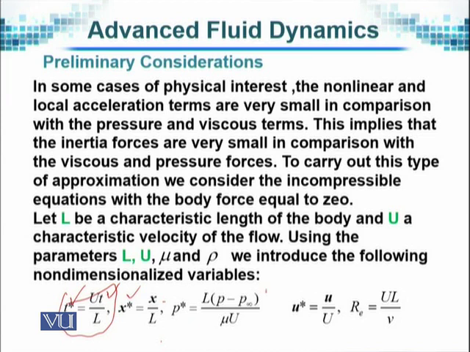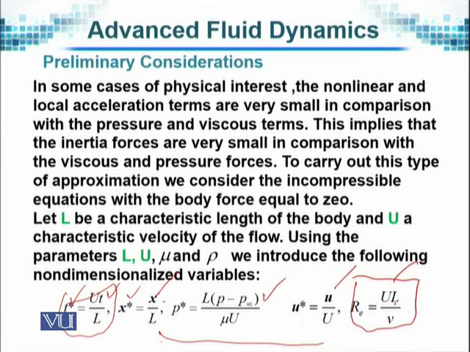And similarly, the pressure forces. All the terms that are shown here with a star are non-dimensional terms, and the terms that are without any superscript or suffix are dimensional. From these terms, we define what we call the Reynolds number.